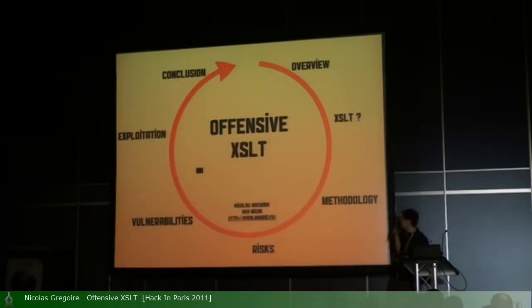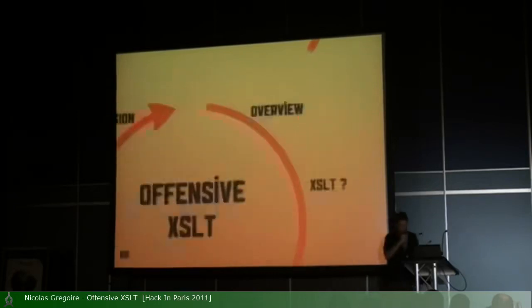Then I will explain the methodology in details, how we are looking for vulnerabilities. We will find some risks that I will describe, and then we will map these risks to applications, and then ideally we will find a ton of vulnerabilities. A quick word about exploitation for this kind of primitives, and then we will conclude.